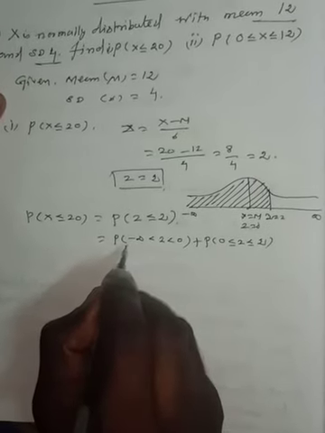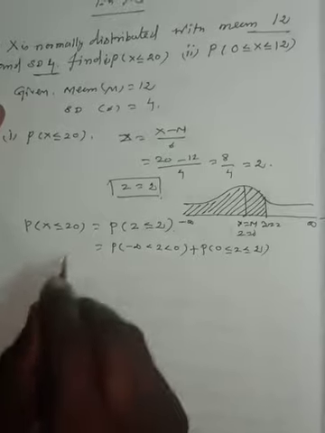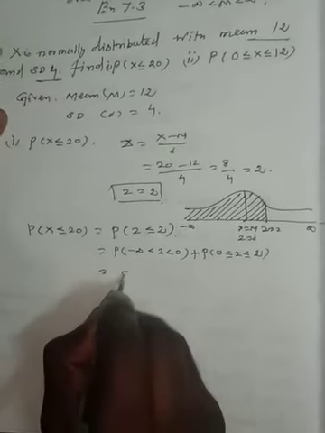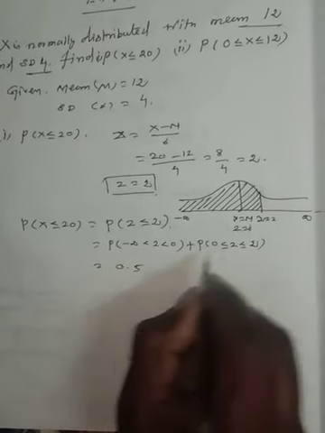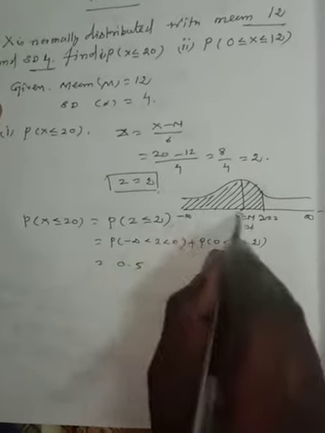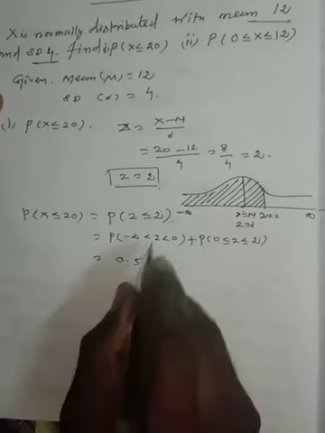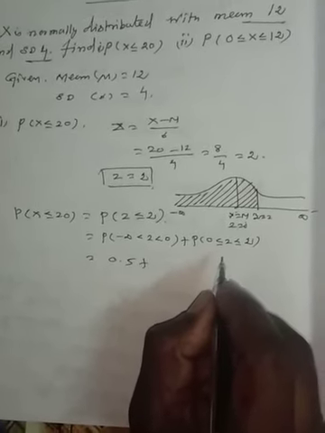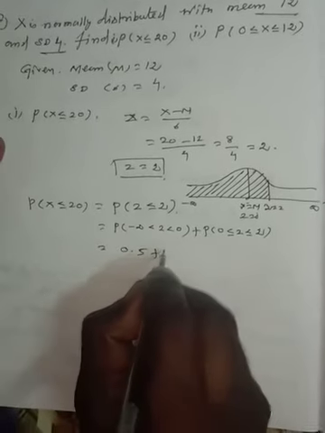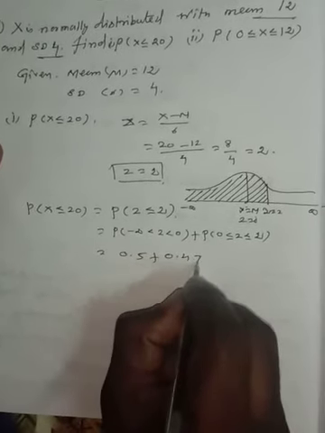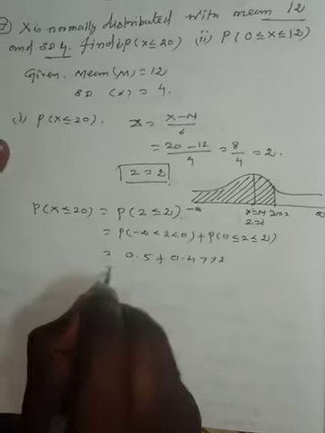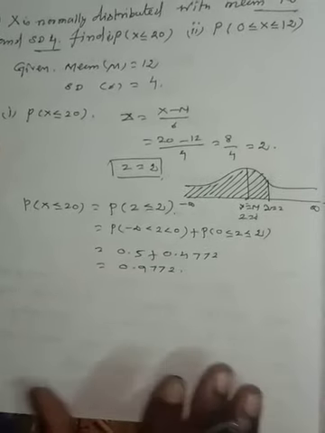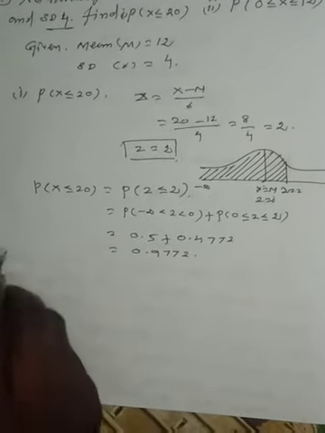We know that half the area of the normal distribution curve is 0.5. Using the table, we have 0.4772. So 0.5 plus 0.4772 is equal to 0.9772.